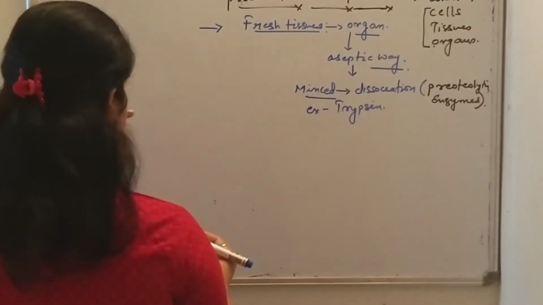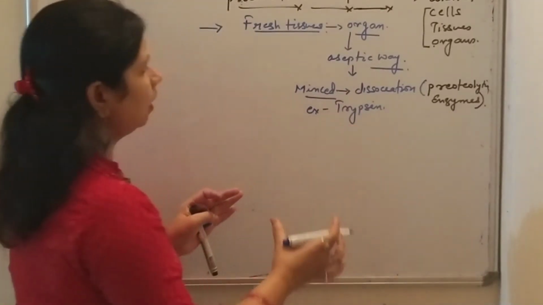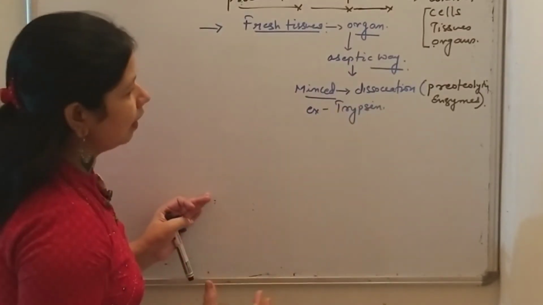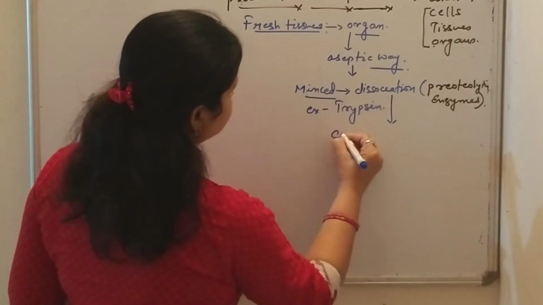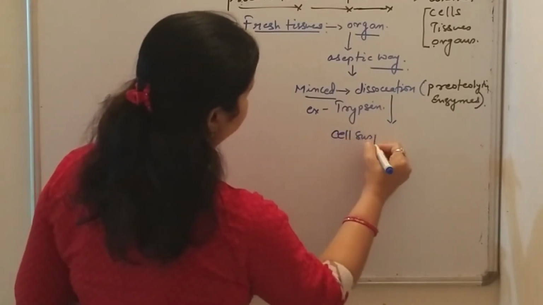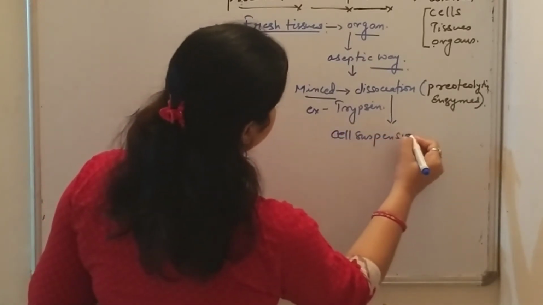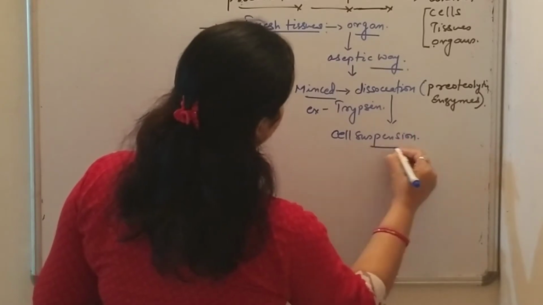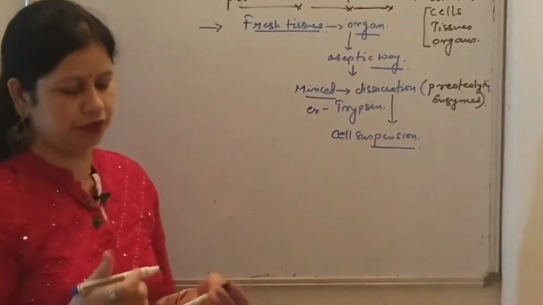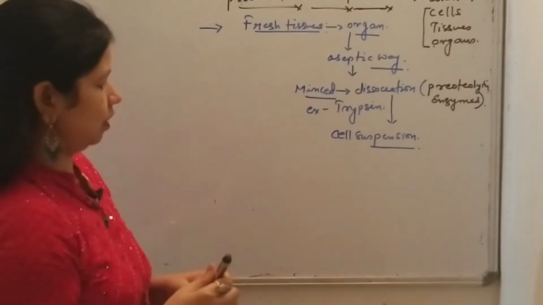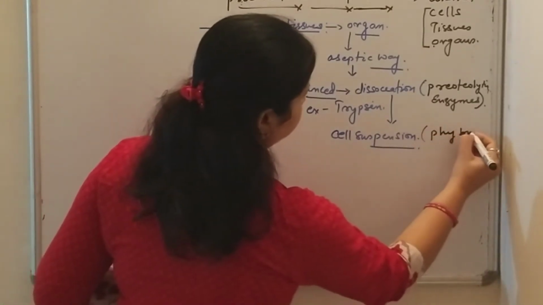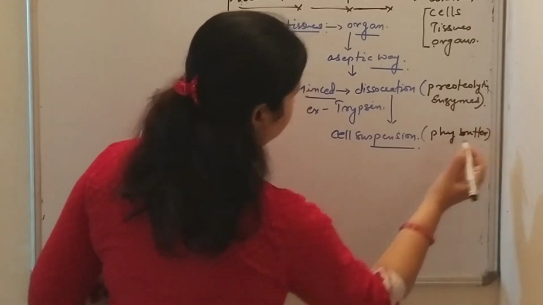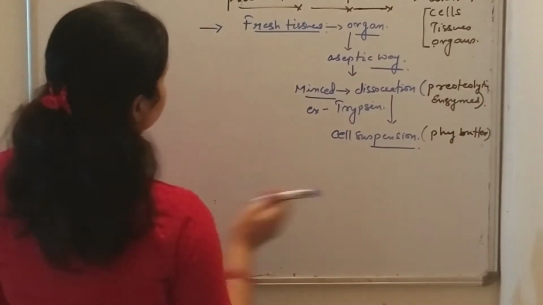So what happens after that? Cell suspension is obtained after the proteolytic enzymatic degradation or dissociation. The cell suspension is washed with a physiological buffer. Now what is the use of buffer?